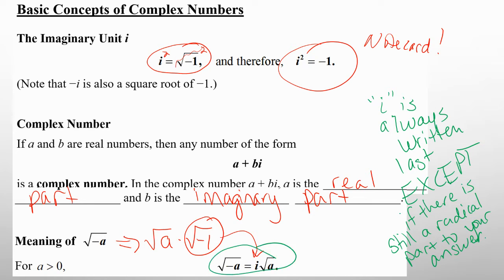So like this one, because we still had a radical, we don't want to make it confusing to say the square root of a times i. Can you do it? Yes. But sometimes we're not sure, did you mean for that i to go under the radical? Did you not mean for it to go under the radical? And so just putting it in front eliminates all of that question.